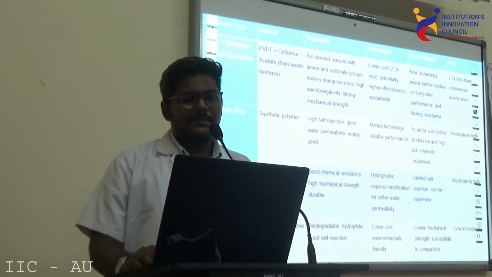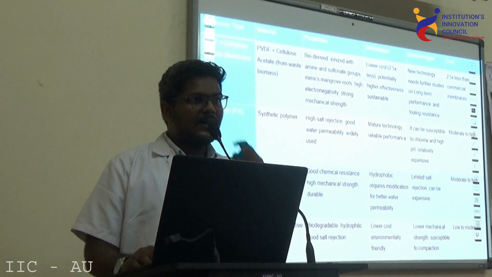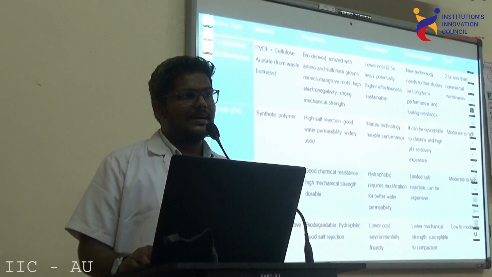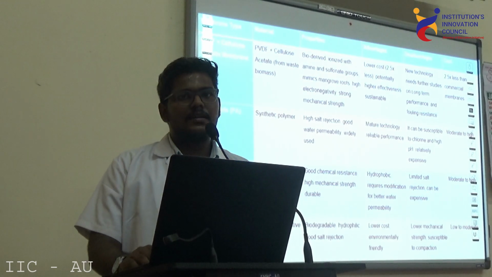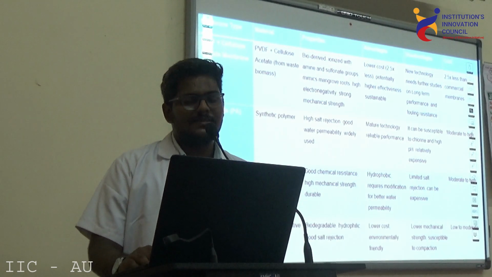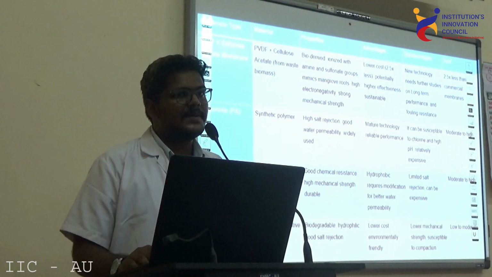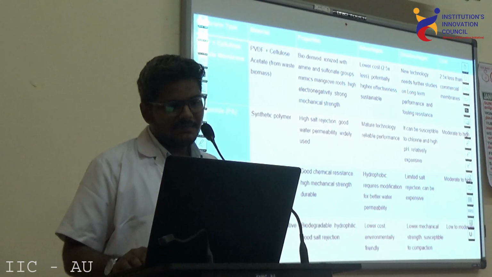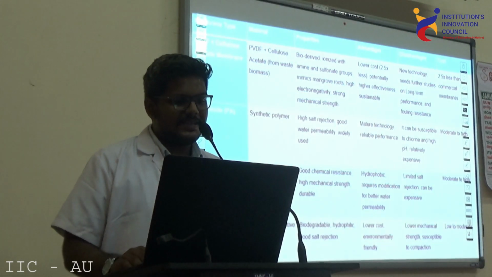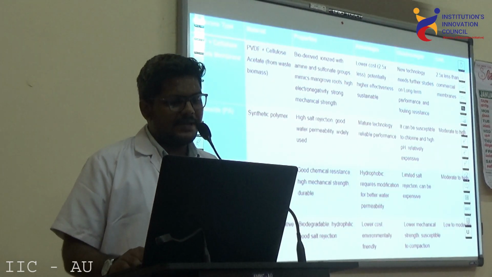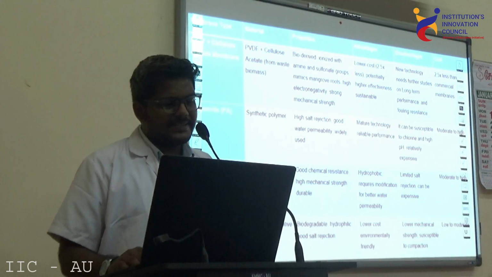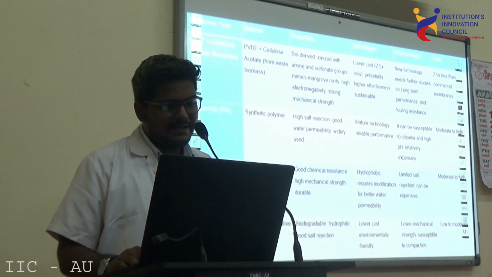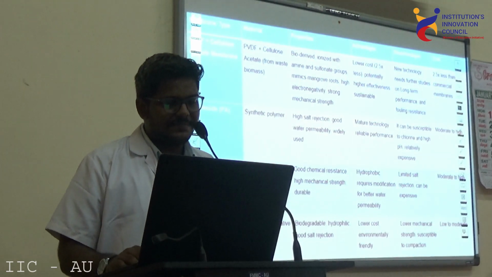The disadvantage is that right now we are still at the preparation scale, and we haven't gone for any large scale operation, so we don't know what happens if we go for large scale operation. Other commercial membranes are polyamide membrane, PVDF, that is polyvinylidene fluoride, and cellulose triacetate membrane.